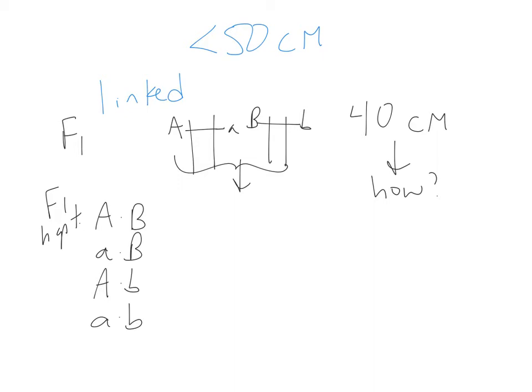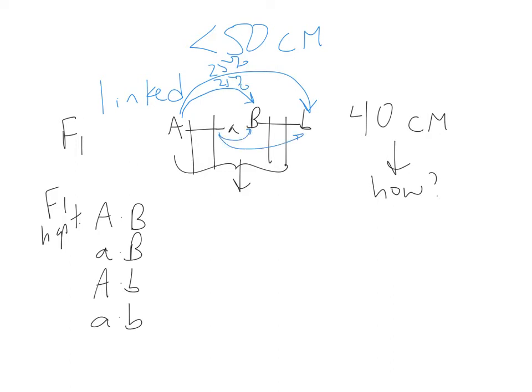But there is, so how many, this is independent assortment. This is genes on separate chromosomes. So how many chromosomes that have capital A will go with chromosomes that have capital B? You get 25% of all gametes will have a capital A with a little b, 25% have a capital A with a big B, and 25% and 25%.